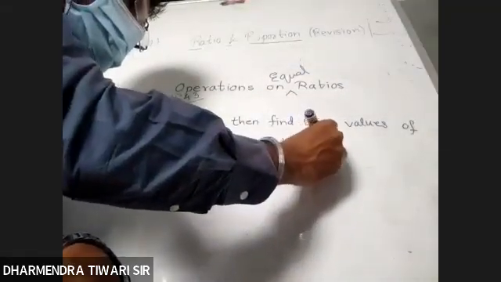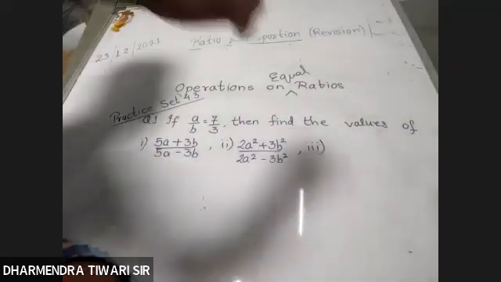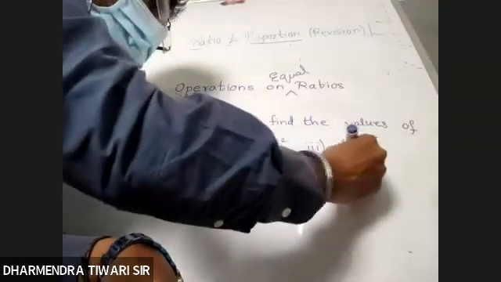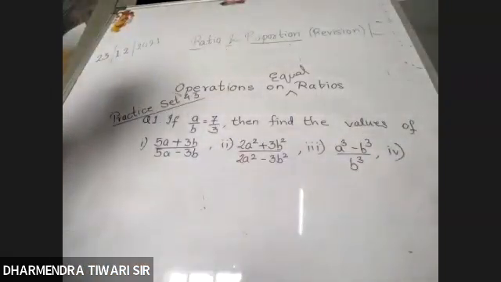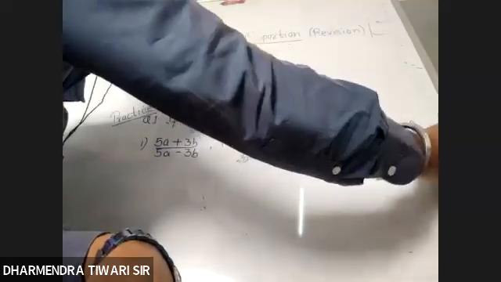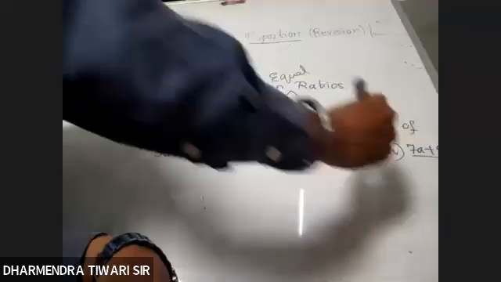Third, a cube minus b cube upon b cube. And fourth, 7a plus 9b upon 7a minus 9b.